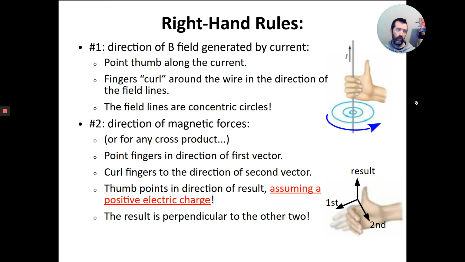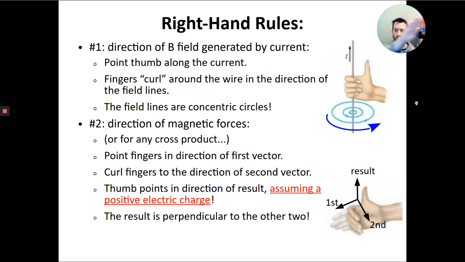So if you take a cross product of A times B, it's not the same result as a cross product of B times A. It's not commutative. If you reverse the order of the two vectors, you get a minus sign on the answer. So you do have to know which one comes first to get the correct result.